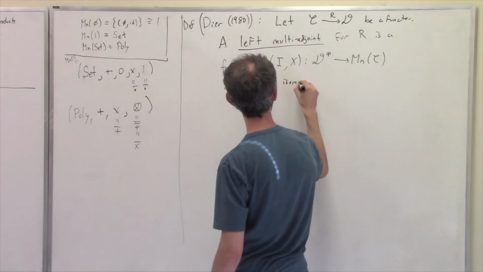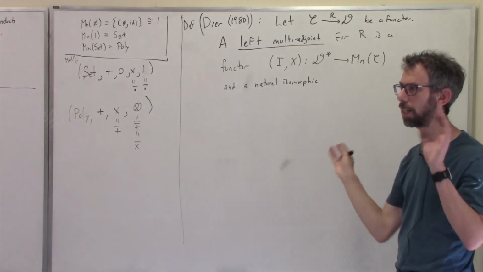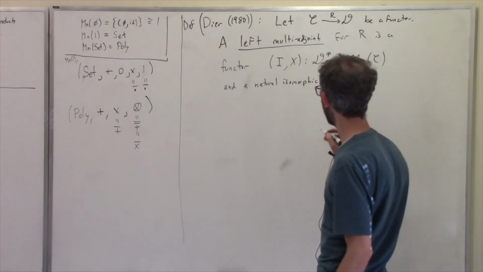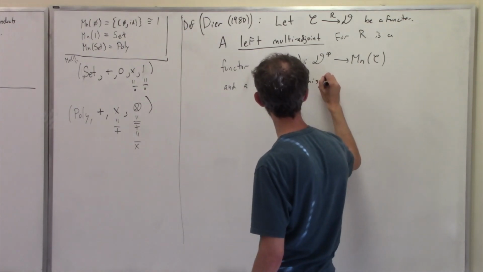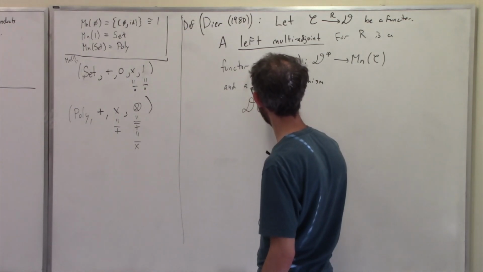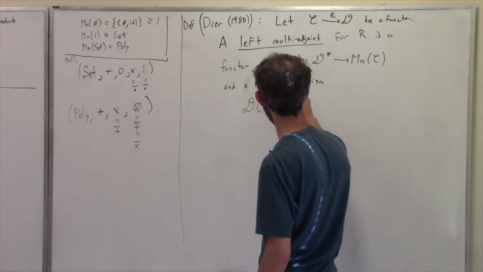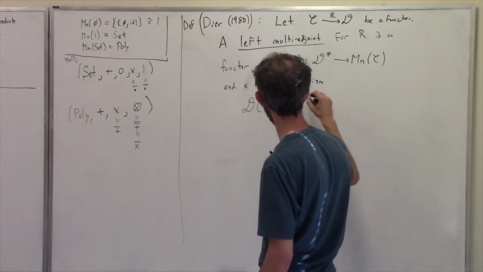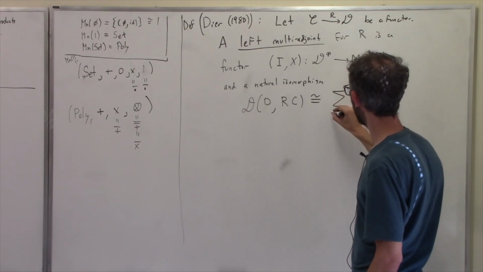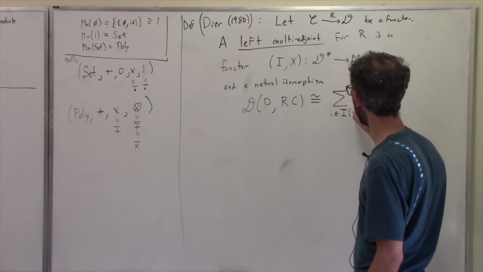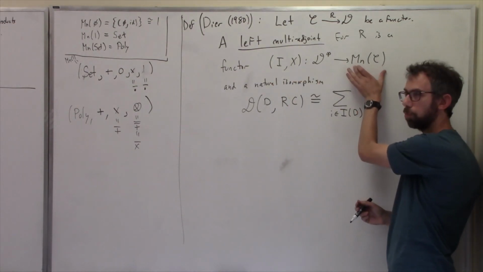You might say, well, wait, menu C is the opposite of the product completion, so wouldn't it be easier to take those ops off and use product completion? But you'll see that with a natural isomorphism, maps from D to R of C are in bijection with the sum over all I in the index set of maps from D to C. Remember how I indexed things?